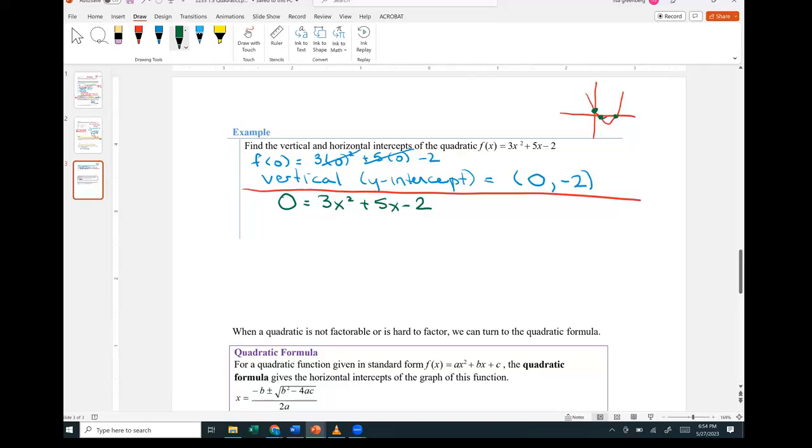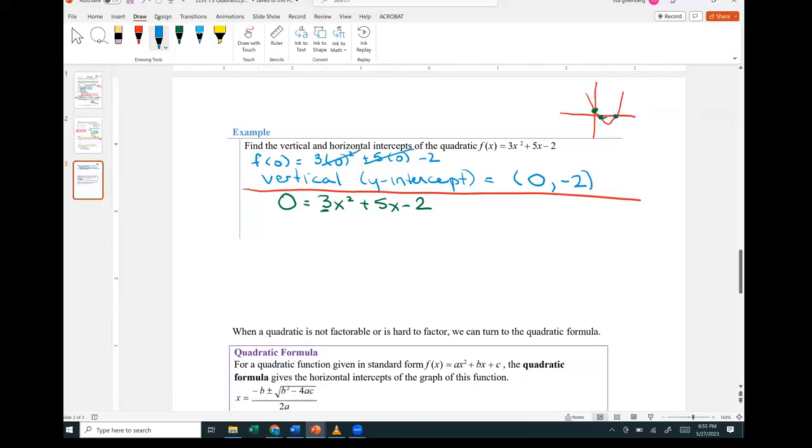And if you know how to factor, that's always the best way to start. Because the leading coefficient is not 1, it makes it a little more difficult to factor, but I'll show you how to do it. You can also use the quadratic formula, but let me show you how to factor in case you would like to learn.